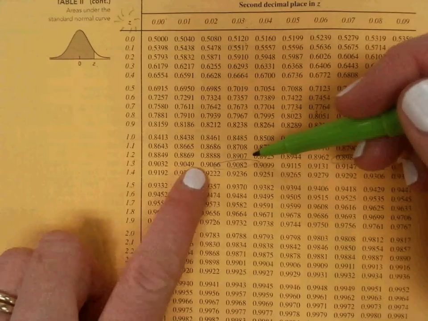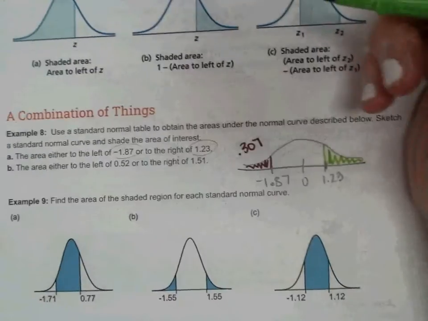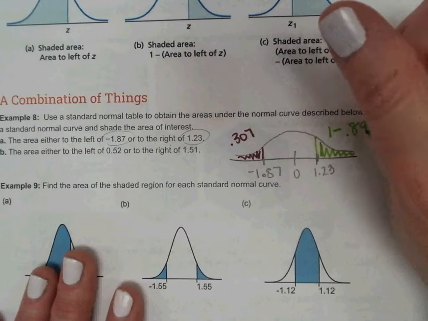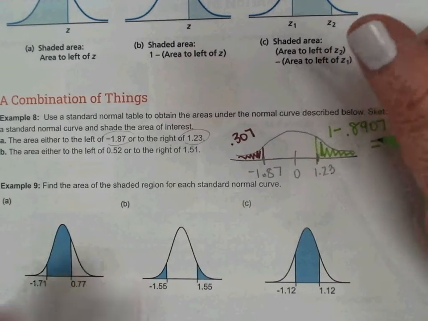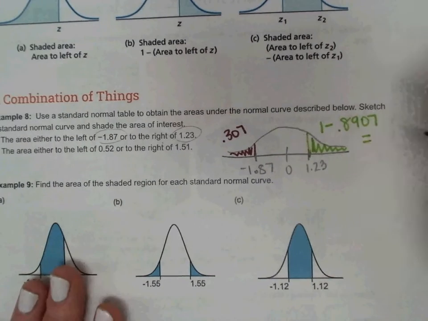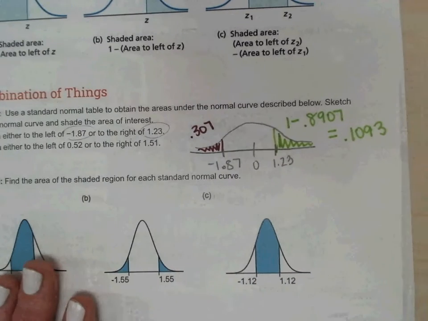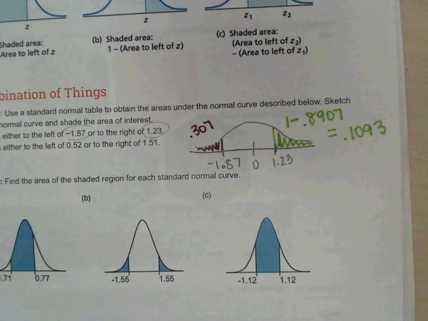So we'll have to do 1 minus that since it's to the right. So that's going to equal 0.1093. I just add those two together.